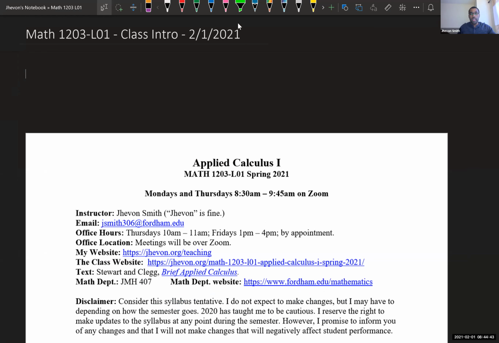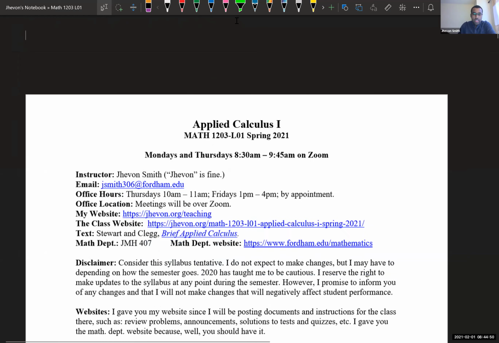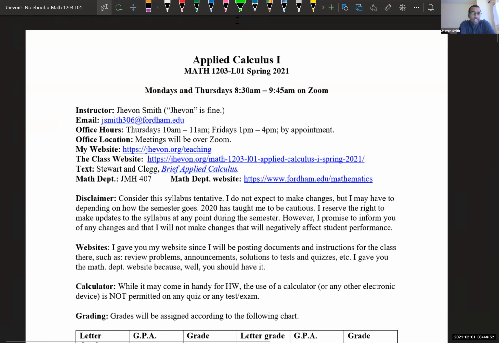So what we're going to do is I'm going to go through the syllabus with you guys to make sure that we're all on the same page. You know how things are going to work, and you can ask me questions if you have any. And yeah, just as a disclaimer, on top of the disclaimer that you have here, I expect things to be a little bit shaky starting off, so I do apologize for that.